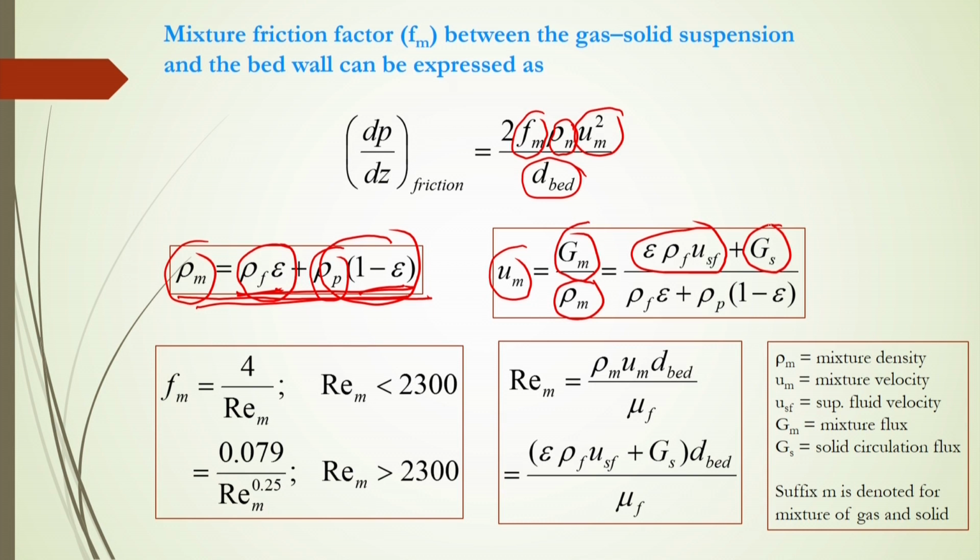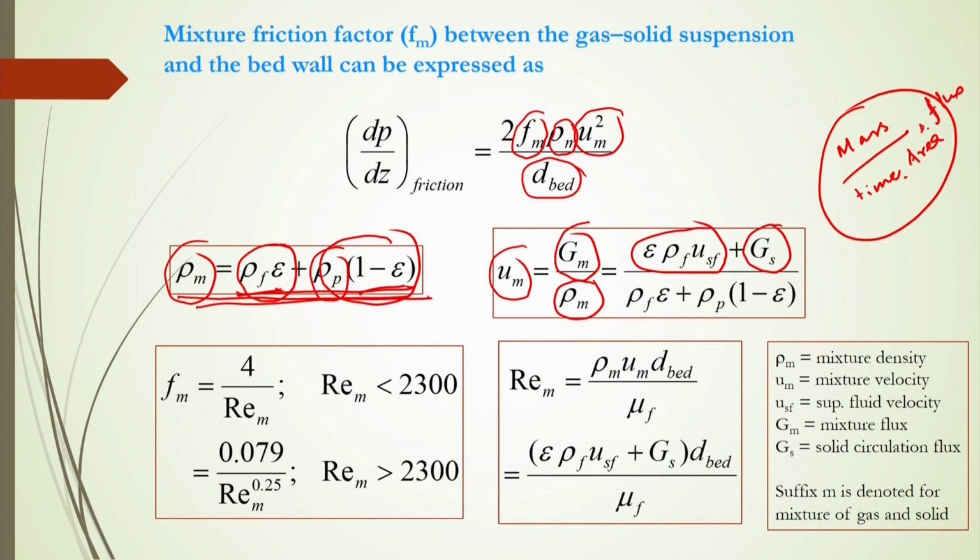So, solid mass flux is nothing but the mass rate of solid per unit cross sectional area. So, that will be your mass flux here. Mass flux is nothing but mass divided by time, divided by cross sectional area. So, this is the mass flux.